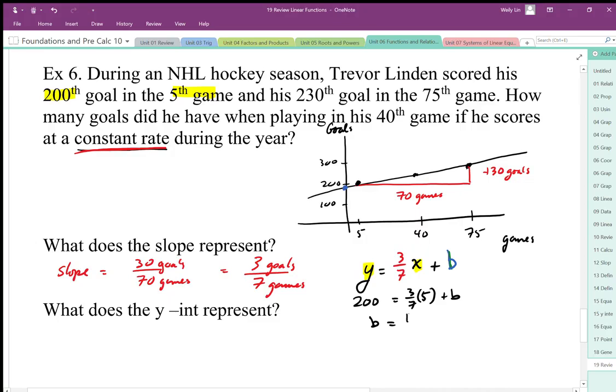So 1400 over 7 minus 15 over 7, that's going to be our B. This works out to be 1385 over 7, so that's about 198 goals. Okay, so that's going to be our Y-intercept. The Y-intercept represents the number of goals at the beginning of the year.